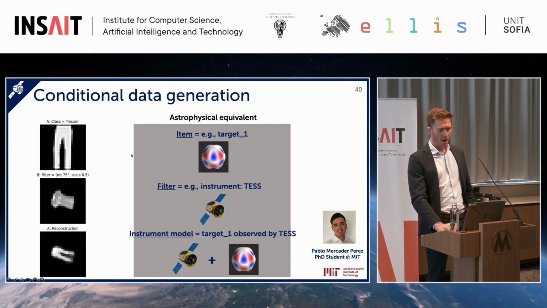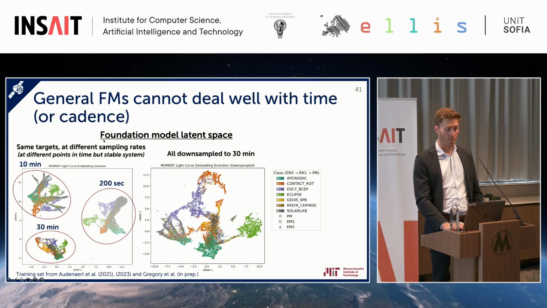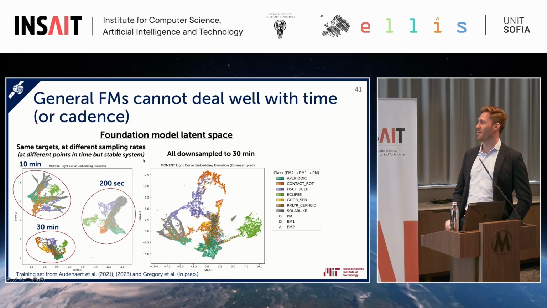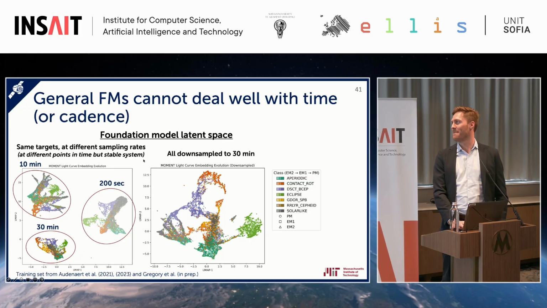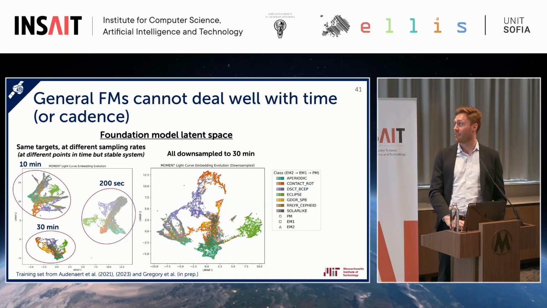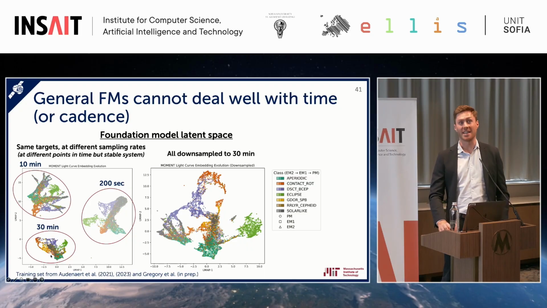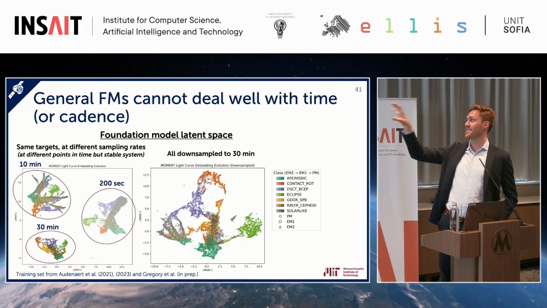Now, one of the problems we're still seeing with more general astrophysical or more general time series foundation models is that, ironically, they're not able to deal very well with time. So, for example, if you have data observed at different sampling rates, so you have a 10-minute sampling rate, 200-second sampling rate, and 30-minute sampling rate, the model actually puts them in different parts of the latent space, which is quite interesting, and it shouldn't be, because this is the data for the exact same targets.